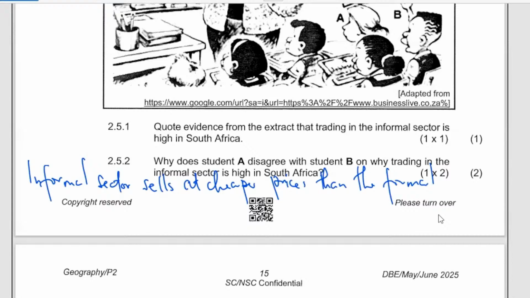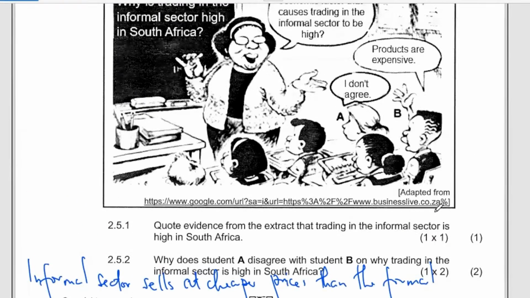And for the other reason, we can also argue that they do not pay rentals where they operate. Usually they operate on the streets where they just operate for free. And so for those reasons, they are able now to supply the products at a cheaper price compared to the formal market. So this learner A, who is disagreeing, is actually disagreeing to a justified fact.